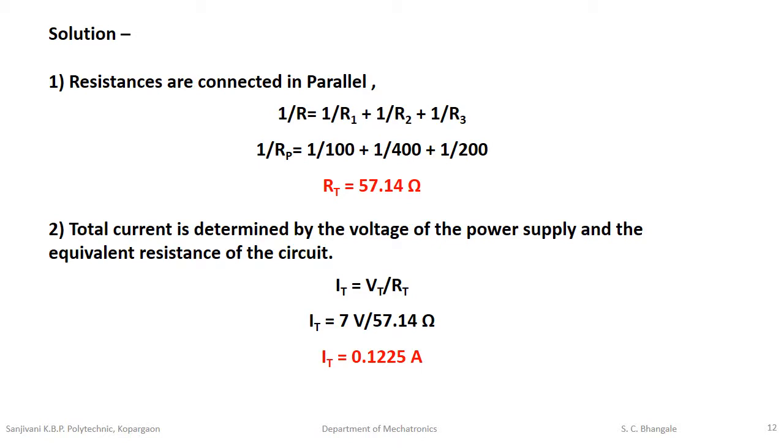The voltage value of 7 volt is given, and the total resistance of the circuit we calculated initially is 57.14. If we take the ratio 7 volt divided by 57.14, it comes to 0.1225 ampere. This current flows through the circuit when a voltage of 7 volt is applied across the three resistors connected in parallel.